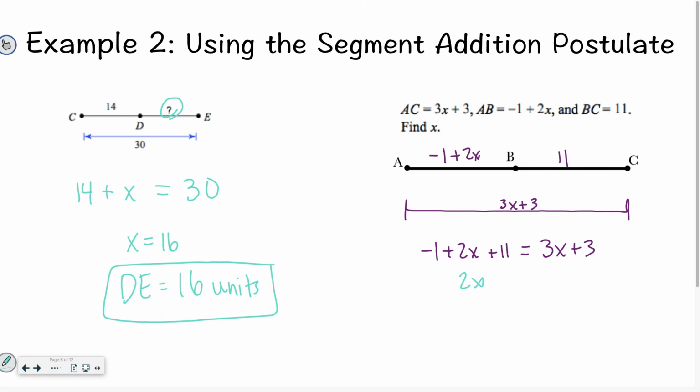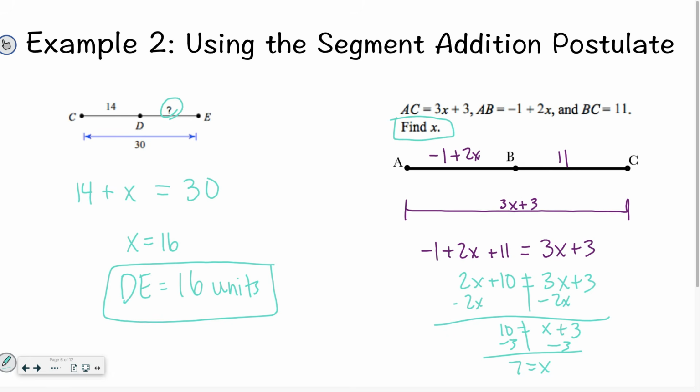So I have 2x plus 10, if I combine terms on the left-hand side, equals 3x plus 3. I want to get my x's on the same side of the equal sign. So I'm going to move the 2x. So I have 10 equals x plus 3. I'm going to move the 3 next. So x equals 7. And I was looking for x. So I can say x equals 7.